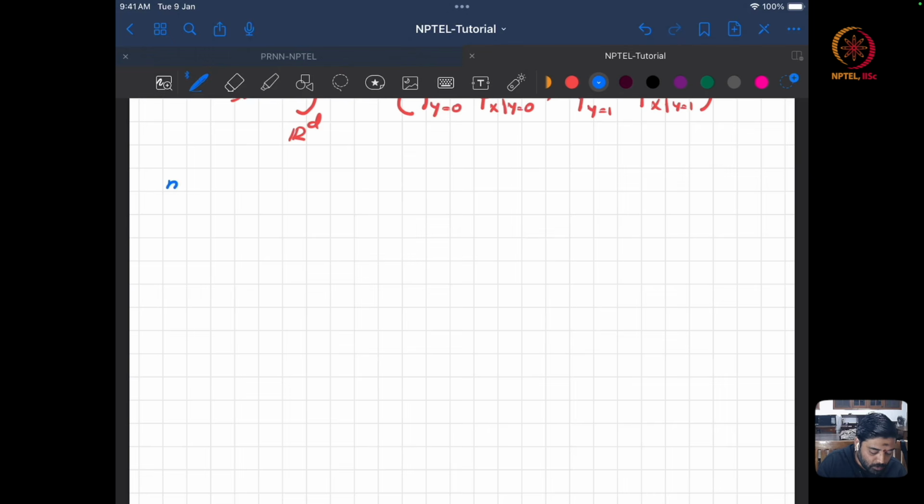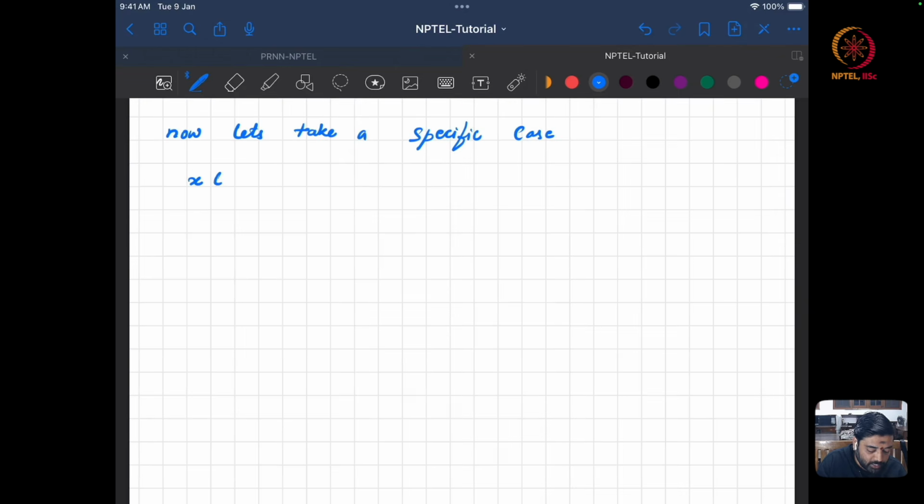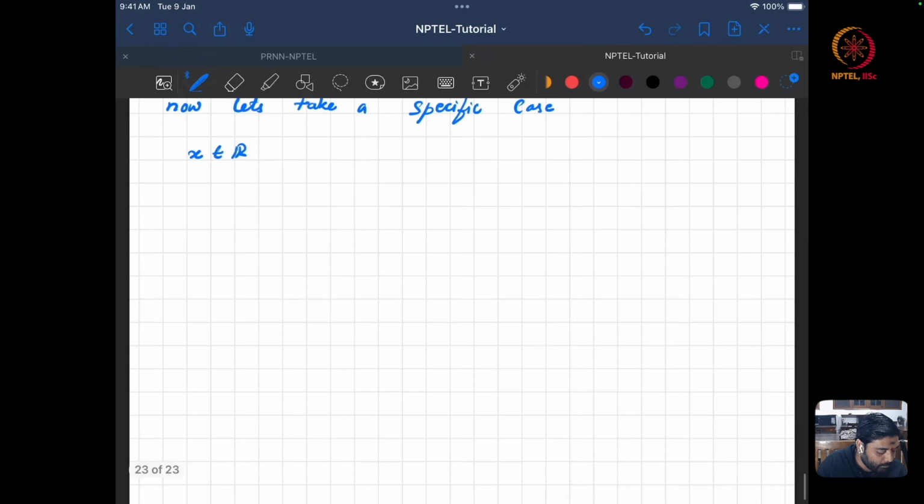Okay. Now let's take a specific case where my X belongs to R. It doesn't matter whether it is in Rd. And then the priors, Y equal to 0 and Y equal to 1, are half each.